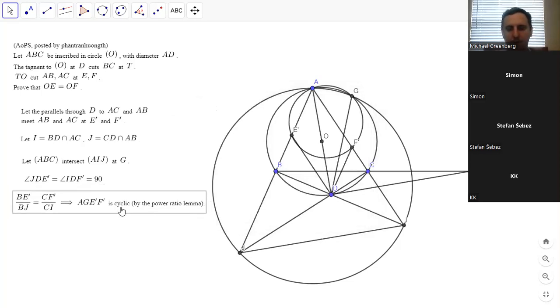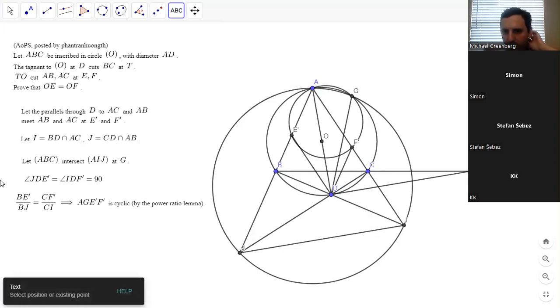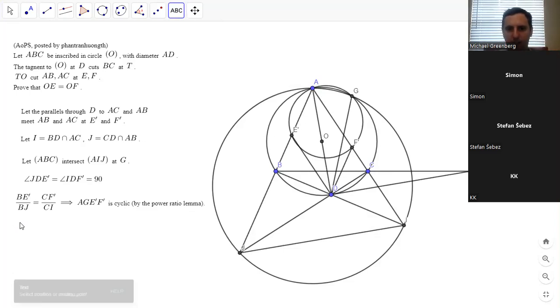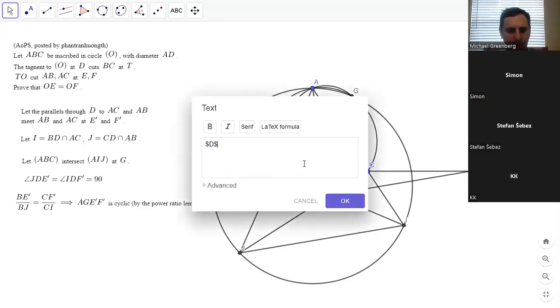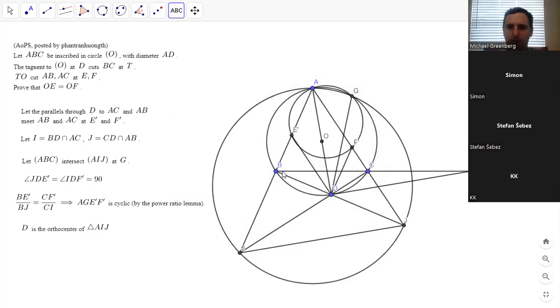And then IJ, BC, and AG concur. So D is the orthocenter of AJI. First, I'll write that. And so basically BC, JI, and AG concur.